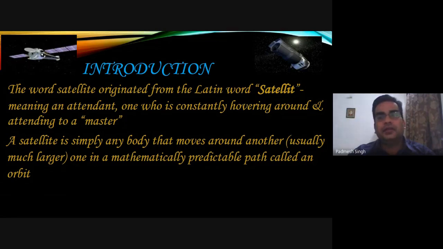Satellite means anything that is hovering around another thing. The thing which is being hovered around, or followed by another thing, is called master, and the thing which is following its master is called satellite.